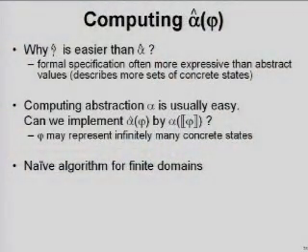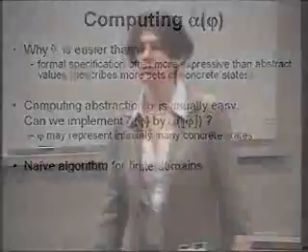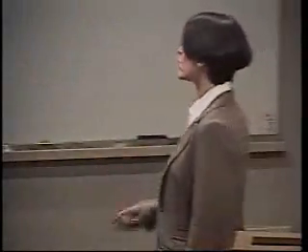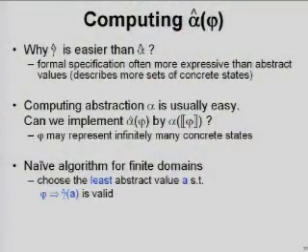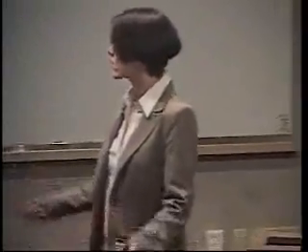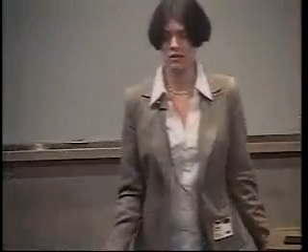A naive algorithm for implementing alpha hat, if we have a finite domain, would be enumeration. We can go over all possible abstract values in this finite domain, and for each of them check if it represents all the states in phi or not. If it does, we collect it and then find the least such element. That would be a naive implementation.